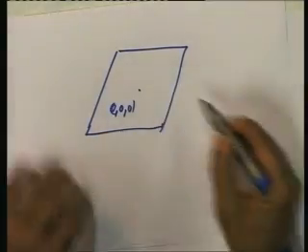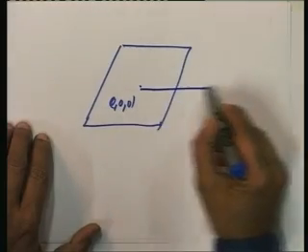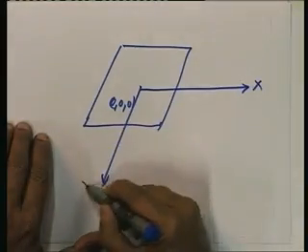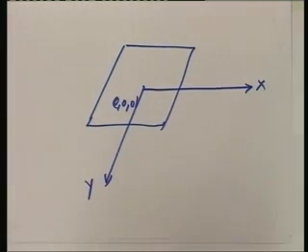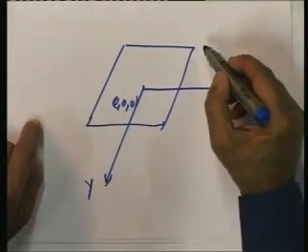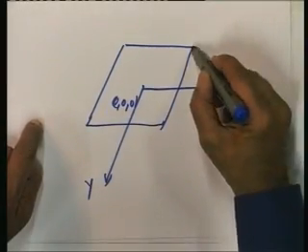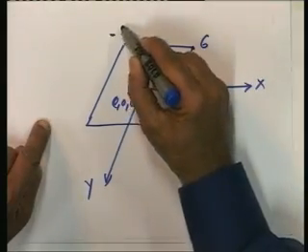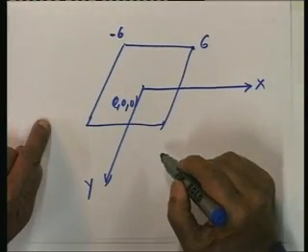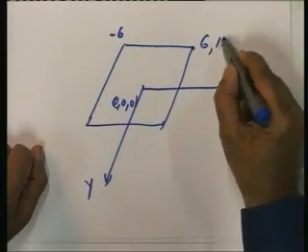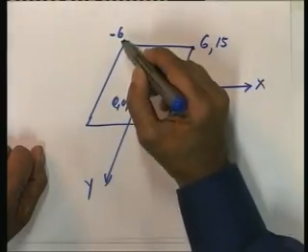That means this is the origin, so we can take the x axis like this and the y axis like this. The corners of this rectangle have coordinates, let us take, plus or minus 6 m. This point has 6 meters, this point has minus 6 meters. The y coordinate is 15 here as well.